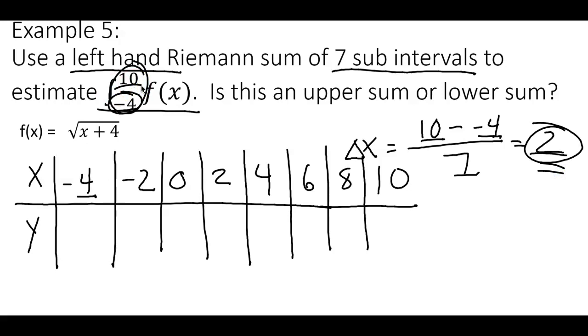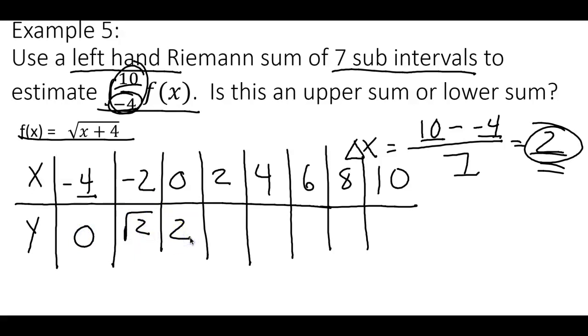So now what do we do? Well, now we need to find our y values. Well, that's what this equation is for. So basically, we're just going to be plugging in the x values that they give us. So if you plug in -4 there, you're going to get 0. If you plug in -2, you're going to get the square root of 2. If you plug in 0, you're going to get 2.